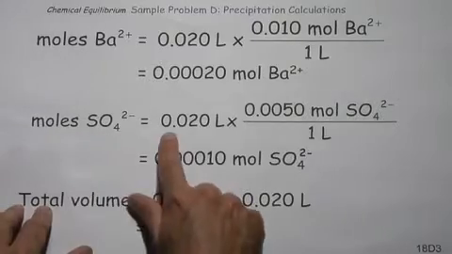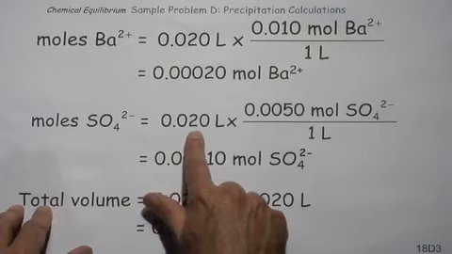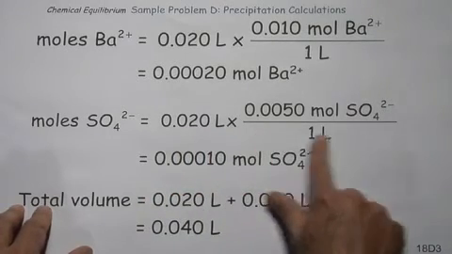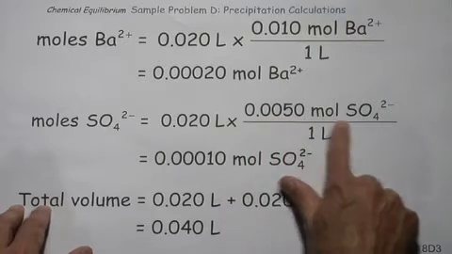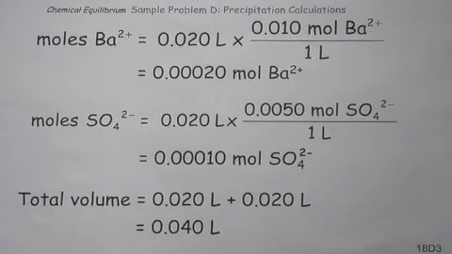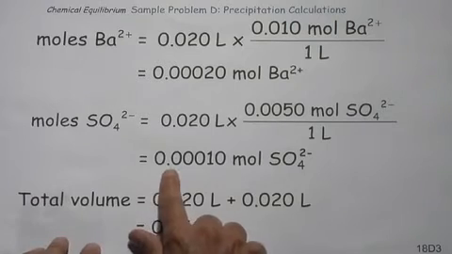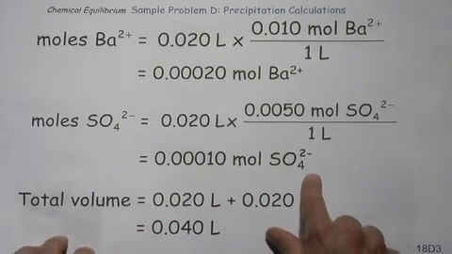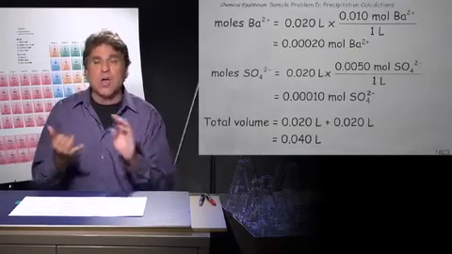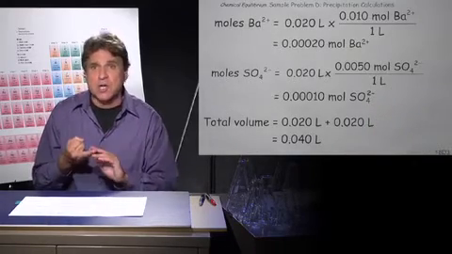Moles of sulfate equals the volume, 0.020 liters, times the concentration of sulfate, which was 0.0050 molar solution that we've got here. So now we're going to come up with 0.00010 moles of sulfate. So we know the number of moles of barium and the number of moles of sulfate.